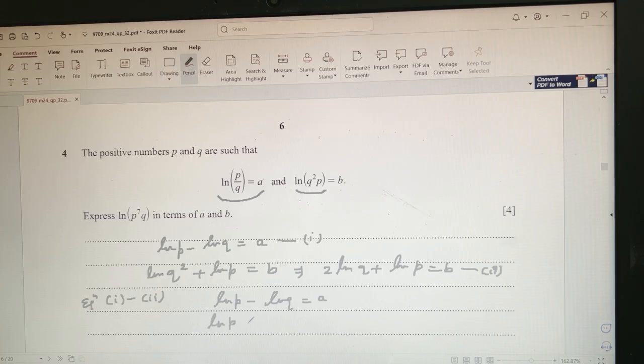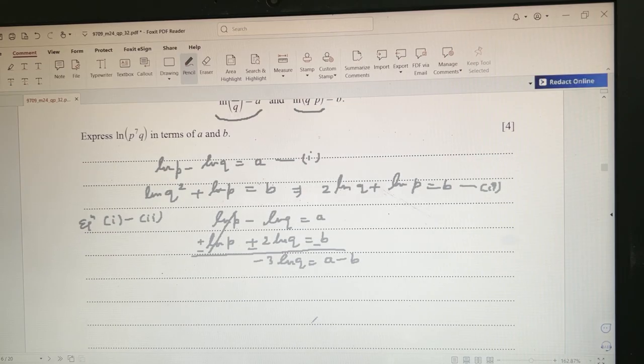The second equation is ln p plus 2 ln q is equal to b, and we'll subtract these two. So the sign will change: this is plus, this will become minus, this will become minus, and this will also become minus. So ln p will get cancelled. Minus ln q minus 2 ln q will become minus 3 ln q is equal to a minus b.